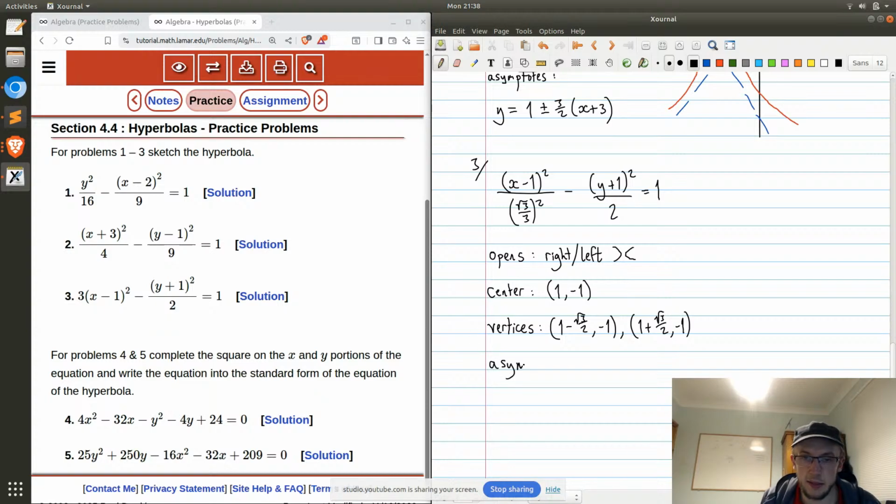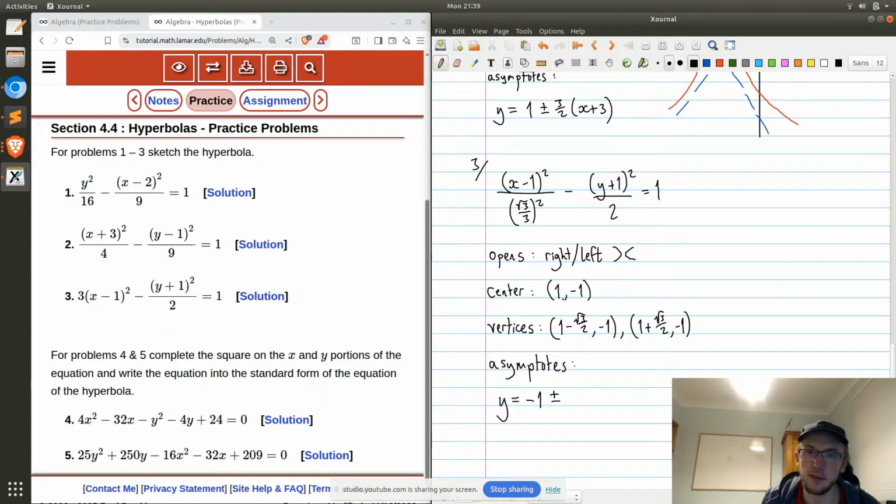Now, as for my asymptotes, logically, it should be in the form y equals mx plus c. Okay, but what does that actually look like? Well, we pull off the k there, so it should be negative 1. And then plus or minus b over a, like changing y over changing x.